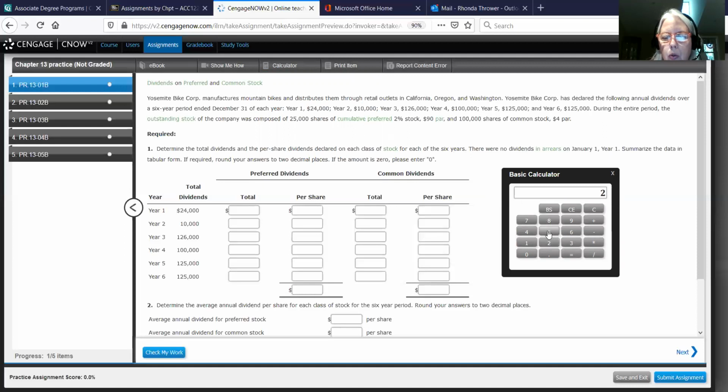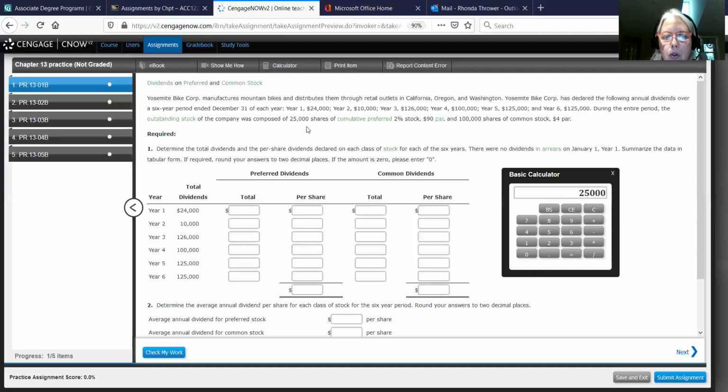So we're going to put in 25,000. That's our total shares of preferred stock that we're going to give out of the dividends that we've declared to our stockholders that own preferred stock.